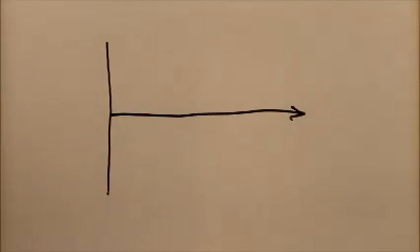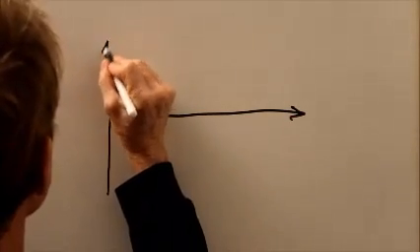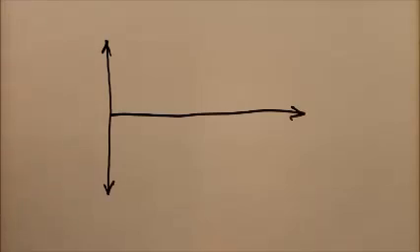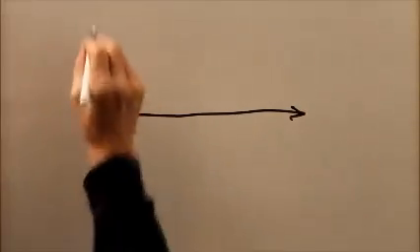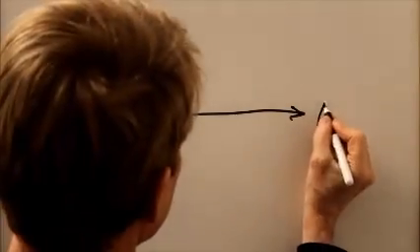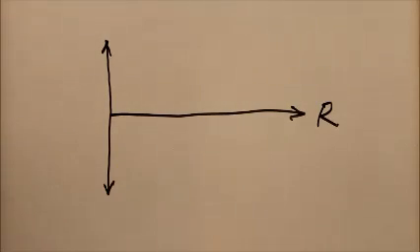Complex number impedances are represented on a half plane, coordinate plane, where we take resistance and plot it out along the horizontal axis going to the right. Resistance is always 0 or positive.